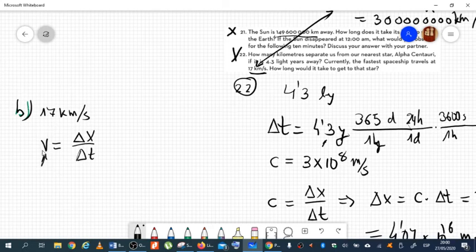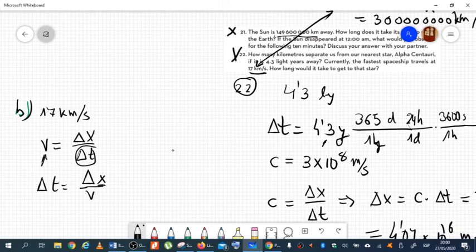We have to calculate the time. So the time is the distance divided by the velocity.